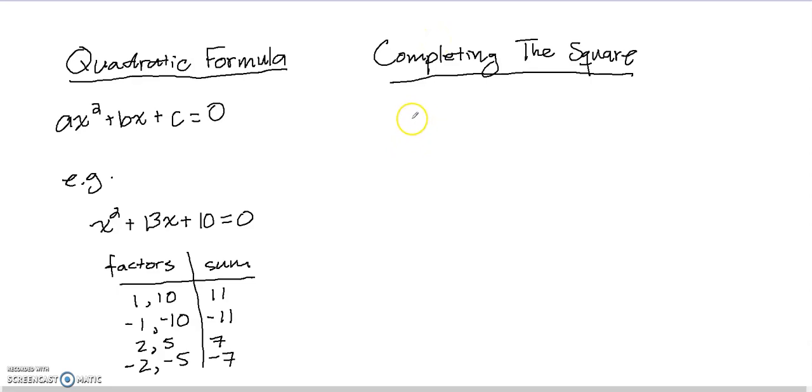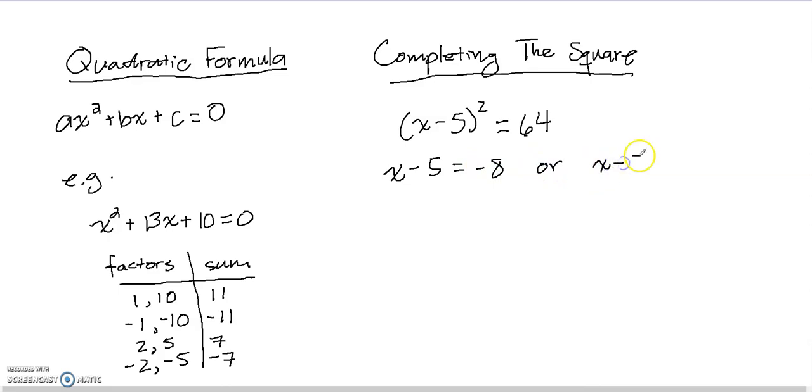Like if we were somehow able to get something like x minus 5 squared equals, let's say, 64, then we could actually solve this equation, because that would mean x minus 5 has got to be -8 or x minus 5 equals +8. Why is that?